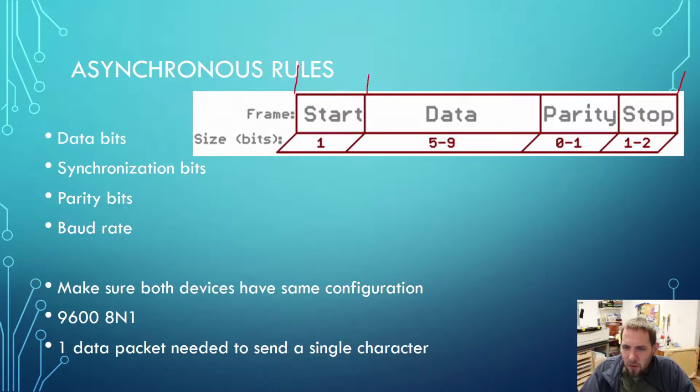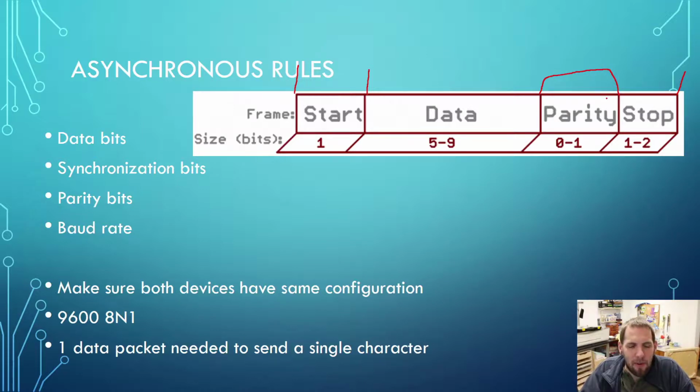There's always going to be one start bit. Your data traditionally will be between 5 and 9 bits. However, that can be skewed depending on what you need. Then you can have parity or no parity, even or odd parity. And then we're going to have 1 to 2 stop bits. So you can have even, odd, or no parity. I know, kind of crazy. 3 different options there. And what the parity is doing is checking for errors, basically.